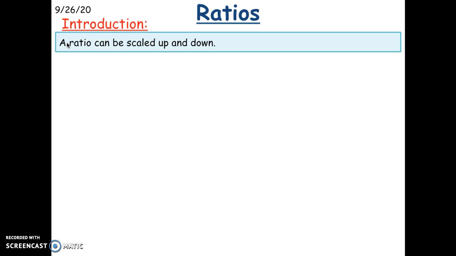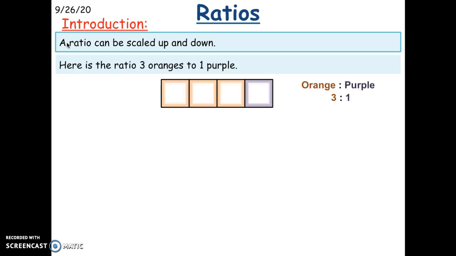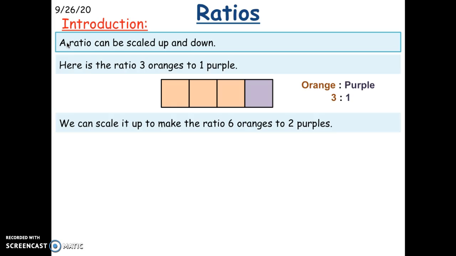A ratio can be scaled up and down. Please note. Here is the ratio. 3 oranges to 1 purple. Yes. We can scale it up or we can scale it down.